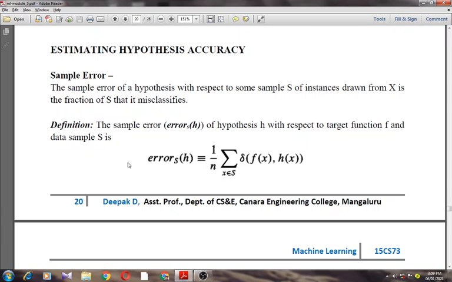So if you look at the definition, the sample error of hypothesis H with respect to the target function F and the data sample S is represented as error S of H, equal to 1 by n summation of delta f of x comma h of x, where x belongs to capital S. Here n is the number of examples in capital S and the quantity delta of f of x comma h of x is 1 if f of x is not equal to h of x, otherwise it is 0.